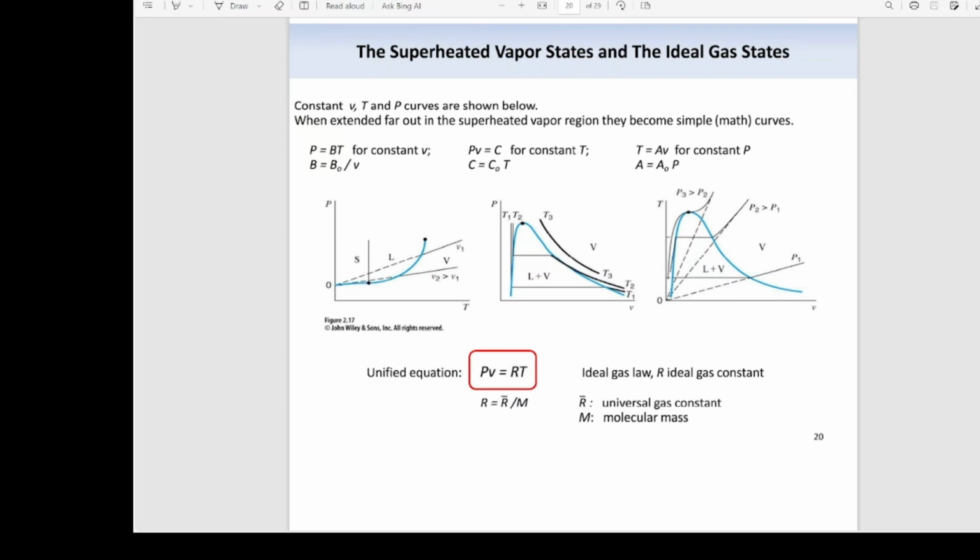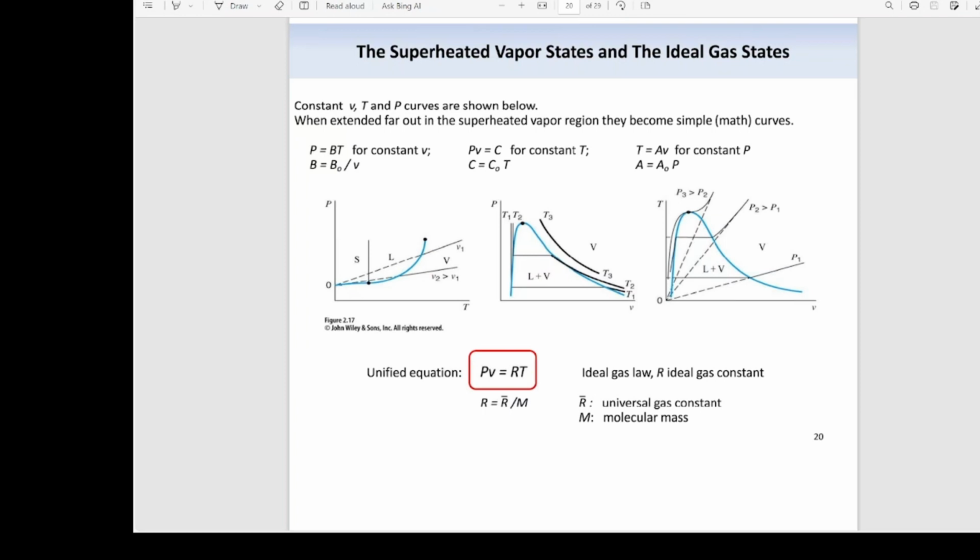And from this we can come up with a so-called unified equation that relates the different properties, where pressure times specific volume equals R, which is the ideal gas constant, times T, temperature.